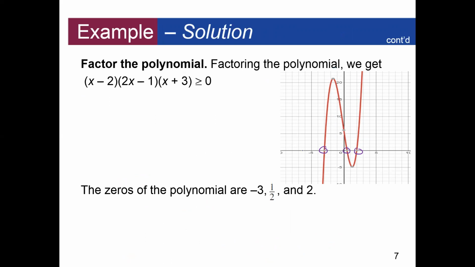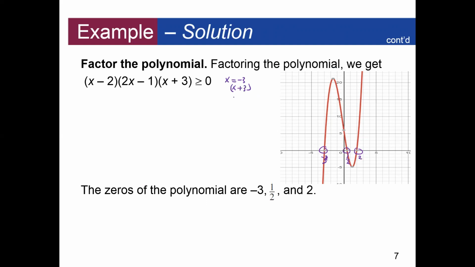So from this, we have negative 3, then you have 0.5, that is 1/2, and then you also have 2. So the zeros are negative 3, 1/2, and 2. So x is equal to negative 3, therefore x plus 3 is a factor.